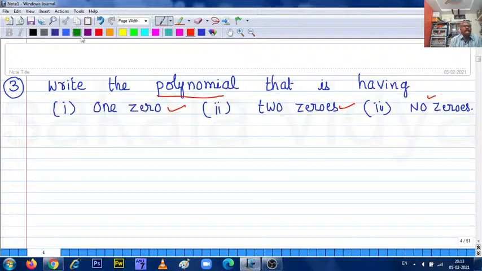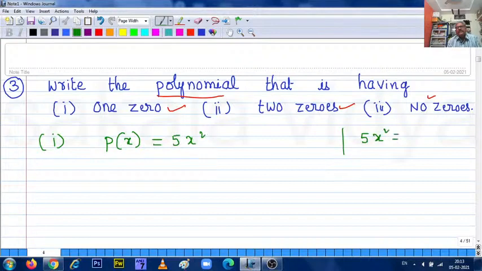So first one, example for 1 zero. Say p of x equals 5x square. If 5x square equals 0, you get x square equals 0, so x is equal to root of 0, you get 0. It has only one zero.